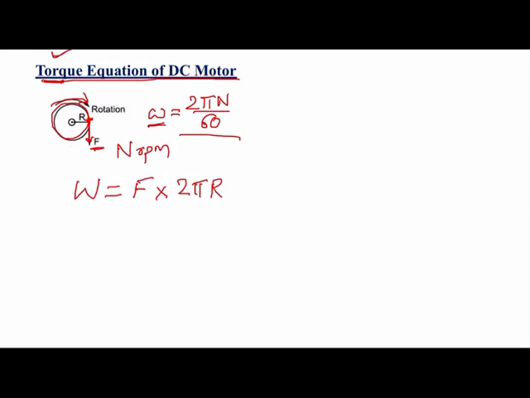Now if you consider the power developed, we know that power is equal to work done per time. For this wheel, the work done is F into 2 pi r, divided by T, the time taken for one revolution.